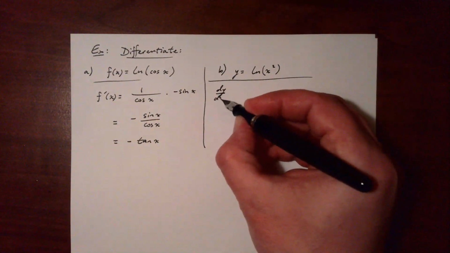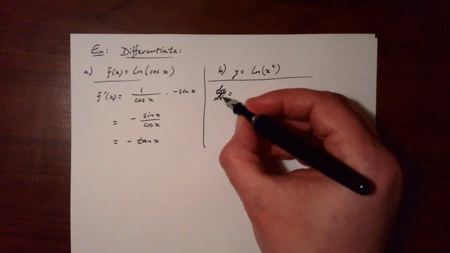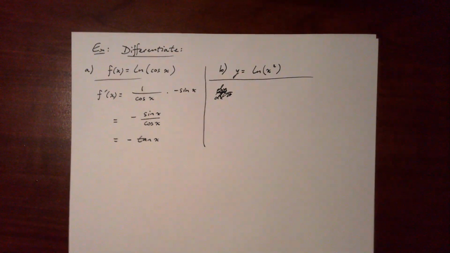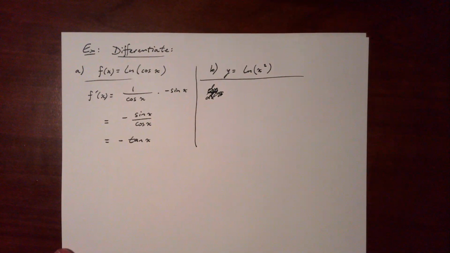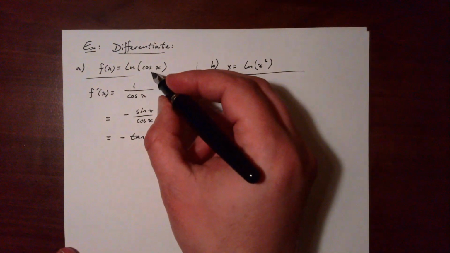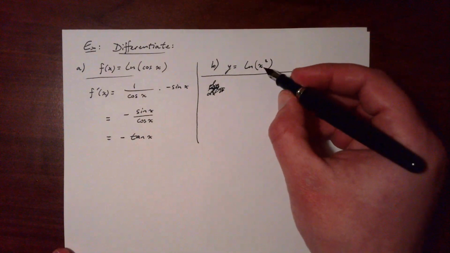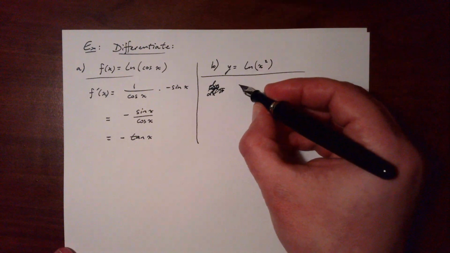So dy dx is going to equal, well, once again, well, actually, before we do this, whoa, let's just think about this for a second. We've got a logarithm here. Logarithms have their own properties. We don't know much about the properties of the logarithm of the cosine of something, but when it comes to the logarithm of an exponent, that is a known quantity.